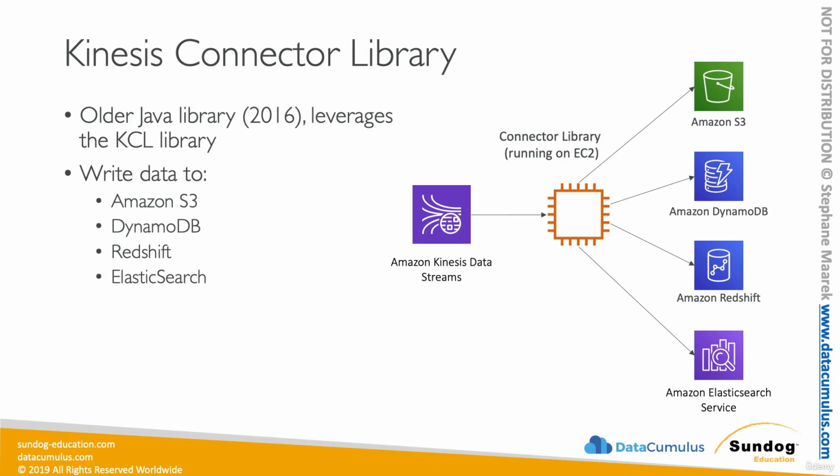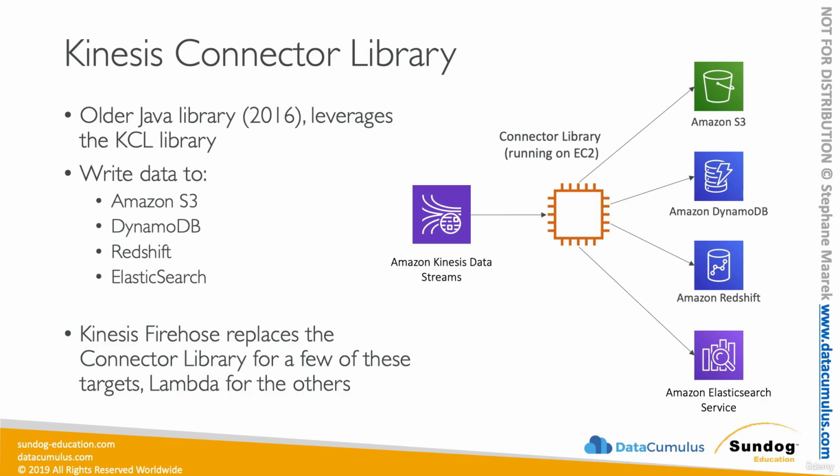Now, you may be like, oh, this is already something we can do with Kinesis Firehose, and that's true. We can already do this with Kinesis Firehose, and we'll see this. So for some of these targets, we can use Kinesis Firehose, for example, for S3 and Redshift. But for others, we can use AWS Lambda. So overall, I would say the Kinesis Connector Library can appear at the exam, but it's kind of deprecated and replaced by Kinesis Firehose and Lambda altogether.